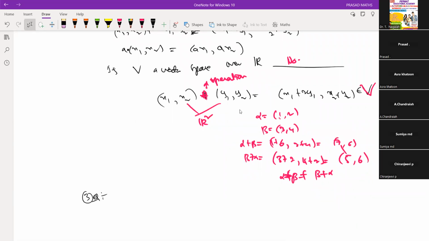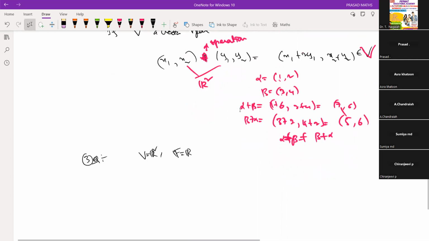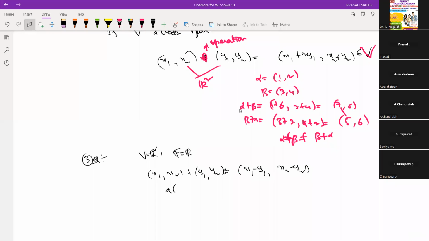Suppose you take V equals R2 and your field is the real numbers. Suppose (x1, x2) is a vector and (y1, y2) is another vector. My definition is this one: (x1 minus y1, x2 minus y2), and scalar multiplication is a into (x1, x2) equals (a x1, a x2). The question is, is V a vector space?